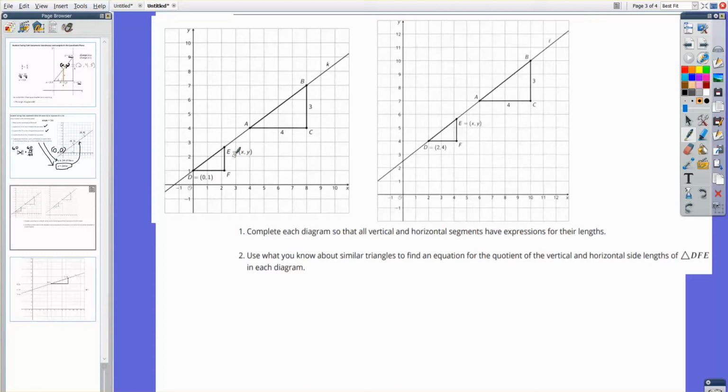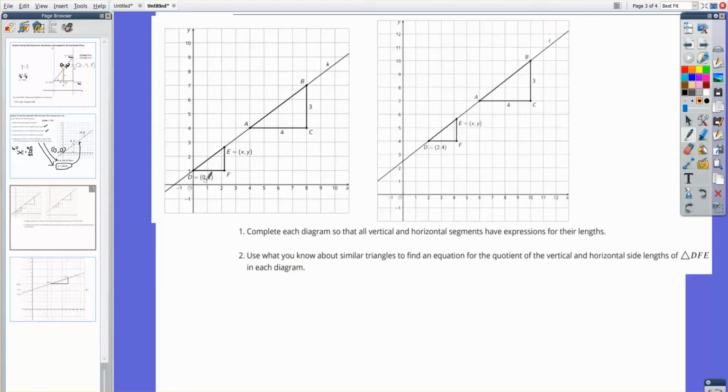Now, point E has coordinates of x and y. So if I want to know the length of these segments, I have to use the realization that I've got a point that's on the line and another point that's also on the line, but this point here is expressed with variables. So what would the length be if I were to go from D to F? I would take the x coordinate of this point, which is the same as the x coordinate of this point, and subtract from it the x coordinate of D. Well, the x coordinate of D is just 0.